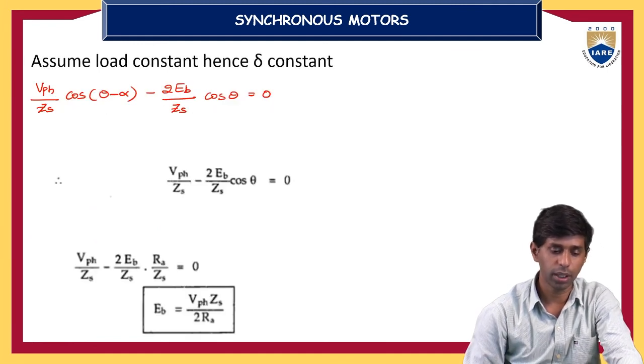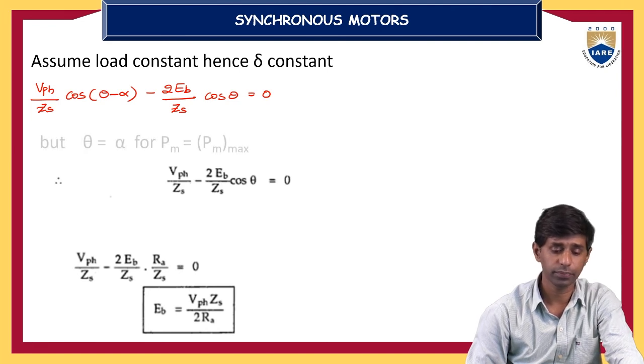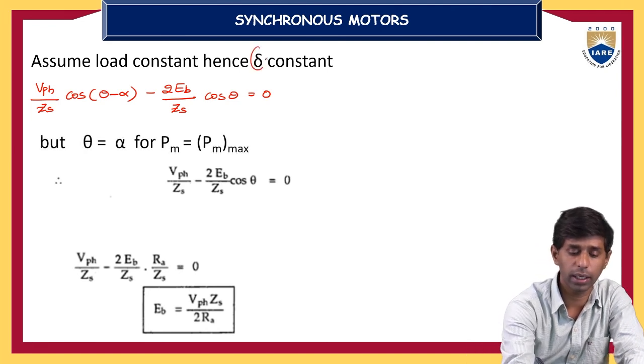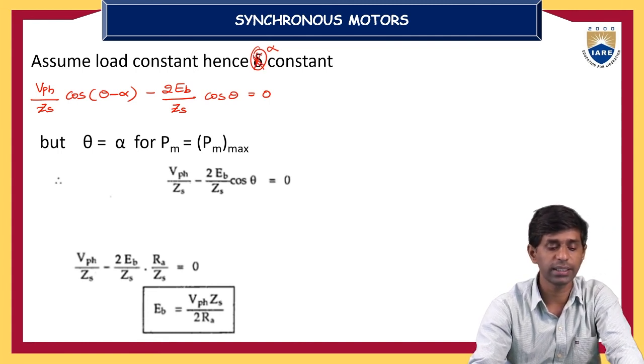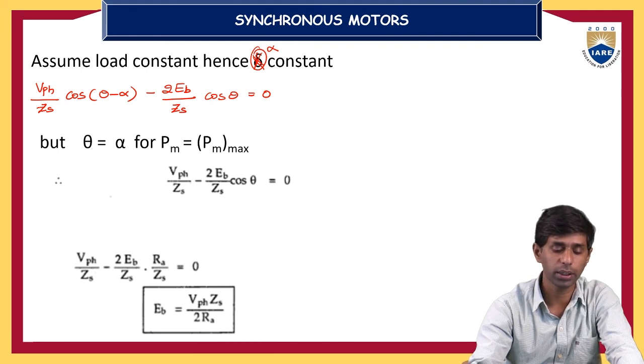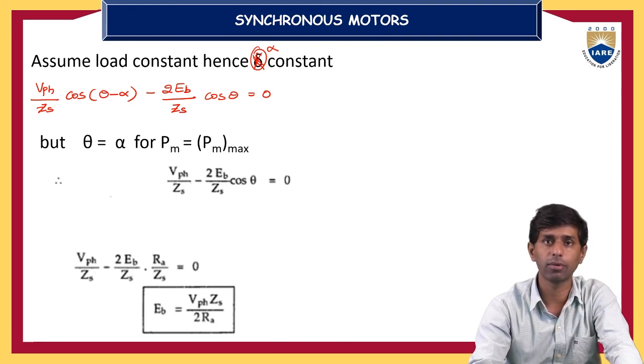Assume load constant, that is, the load angle, which I am assuming as alpha, not delta, is constant. V phase by ZS cos theta minus alpha minus 2EB by ZS cos theta is equal to 0. But theta is equal to alpha for maximum mechanical power developed.